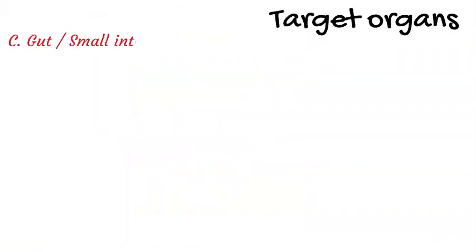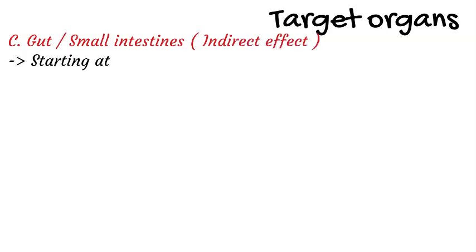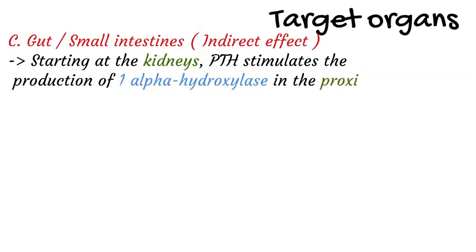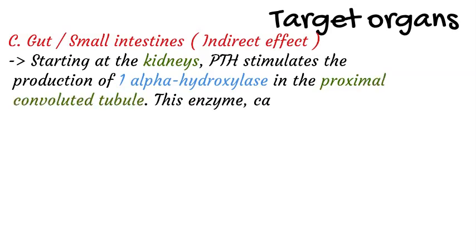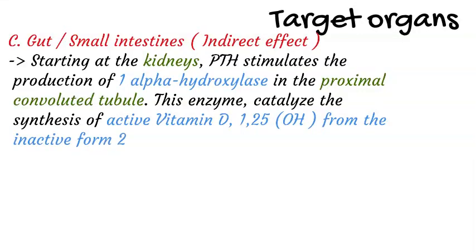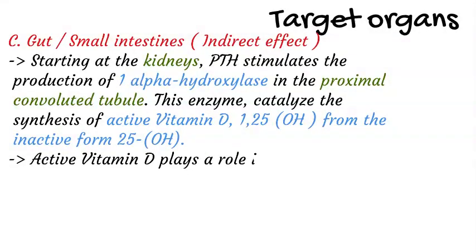The next target organ is C, the gut or small intestine, by indirect effect. Starting at the kidneys, the parathyroid hormone stimulates the production of 1-alpha hydroxylase in the proximal convoluted tubule. This enzyme catalyzes the synthesis of active vitamin D, 1,25-hydroxy, from the inactive form, 25-hydroxy.